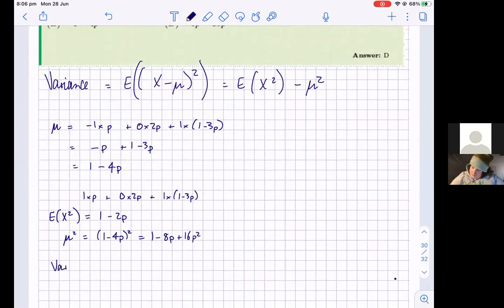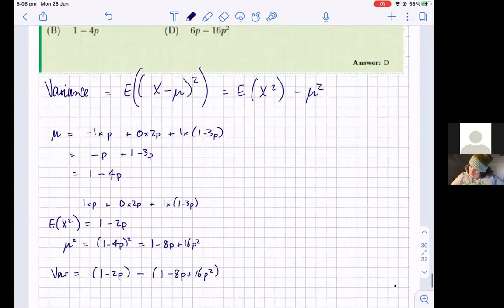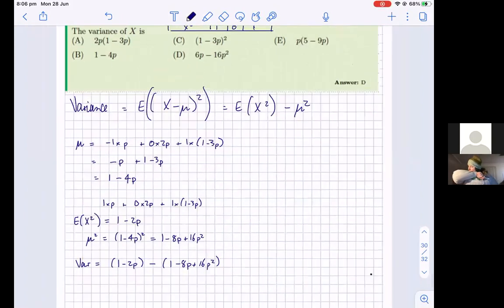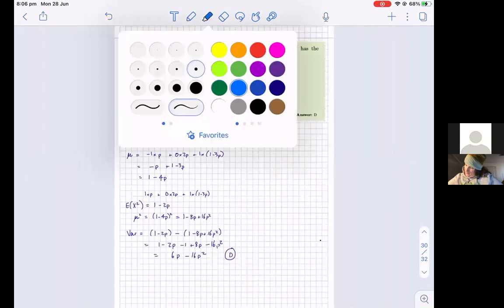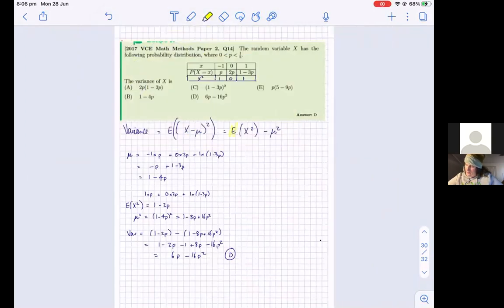So the variance is 1 take 2p minus 1 take 8p plus 16p squared, which gives us 6p take 16p squared, which is D. Yeah, this was the much easier version of that formula to use.